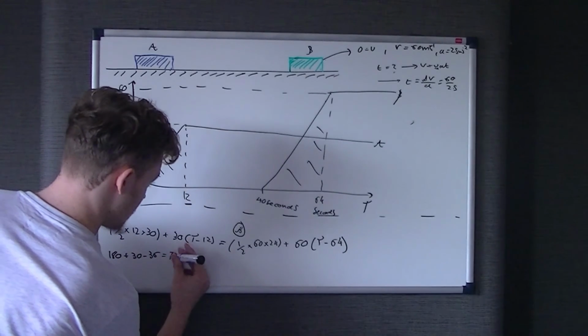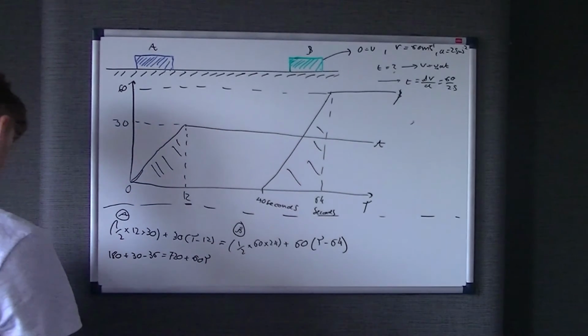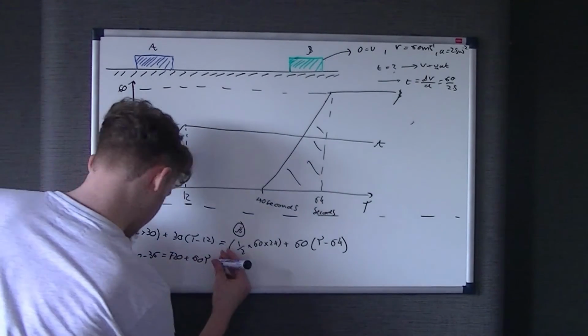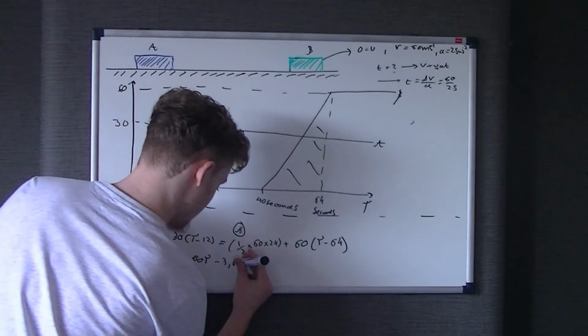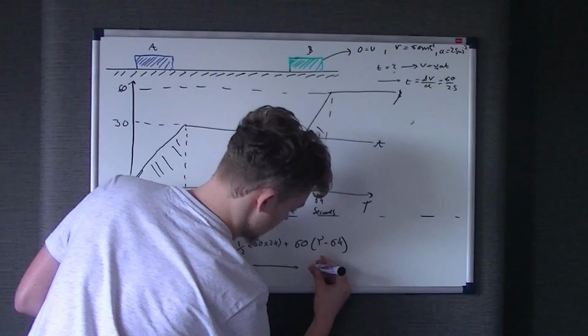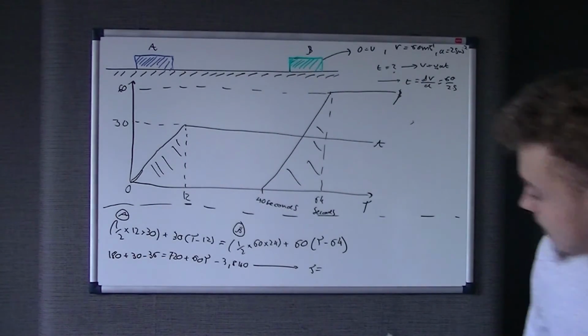So it's equal to 720 plus 60 times t, take 60 times 64, which is 3,840. Okay, and if you simplify it down to get t, you'll get t to be 98 seconds.